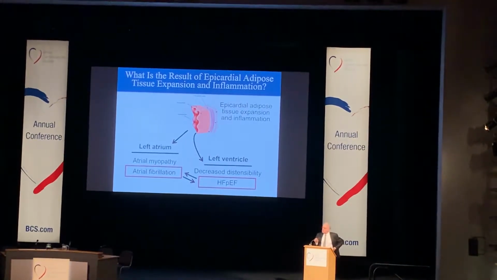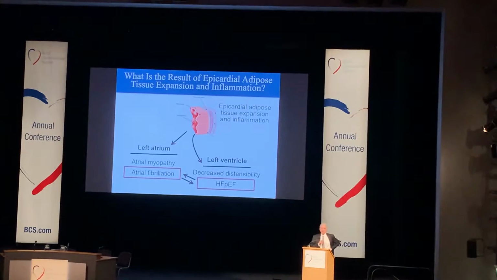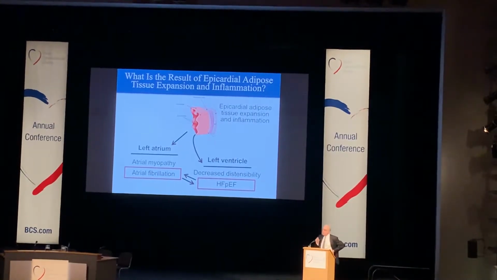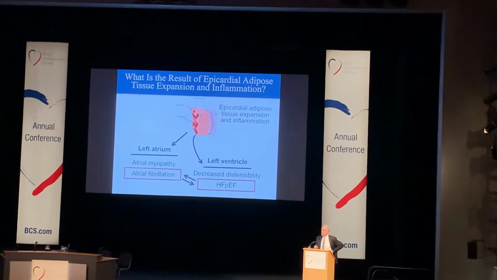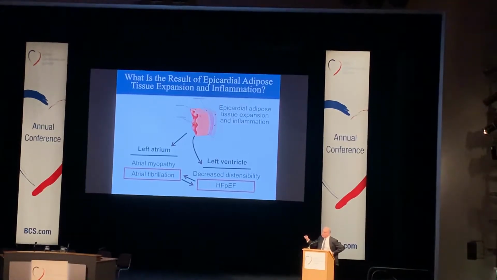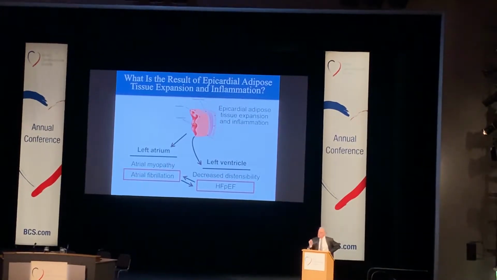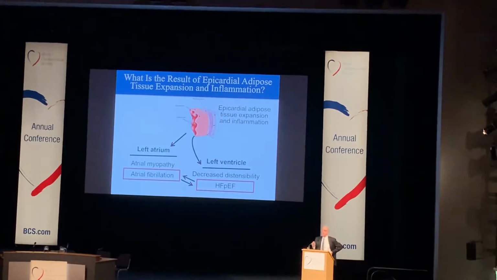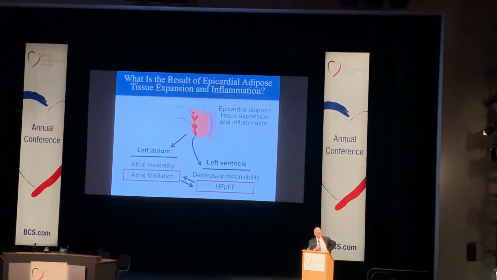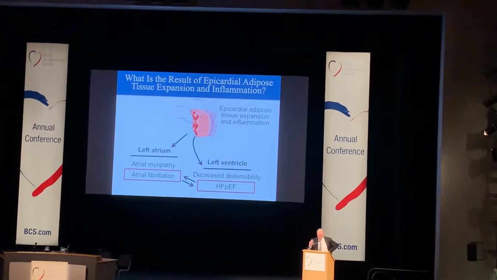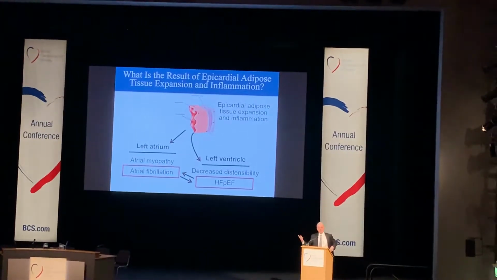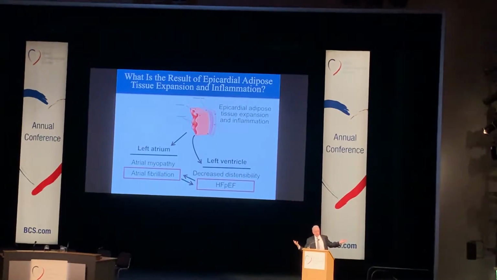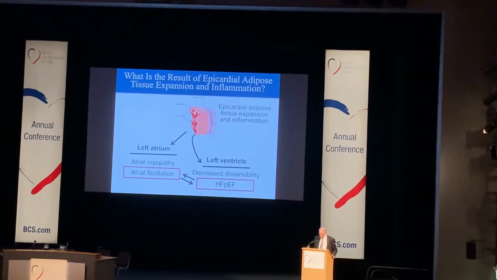It has been estimated that most obese women who have atrial fibrillation have underlying heart failure with a preserved ejection fraction if you only were to catheterize all of them. But you should not do that. But if you did, you would find that their filling pressures were significantly increased.